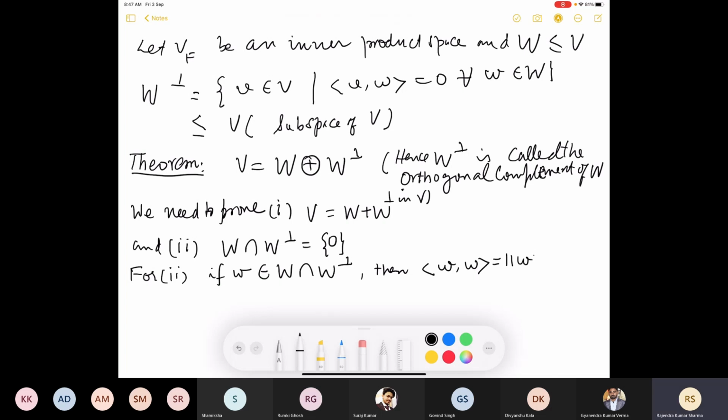So the inner product is norm of W squared, and this is 0, which holds if and only if W is 0. So the intersection is 0. What remains to prove is number 1, that the space can be written as the sum of W and W orthogonal.